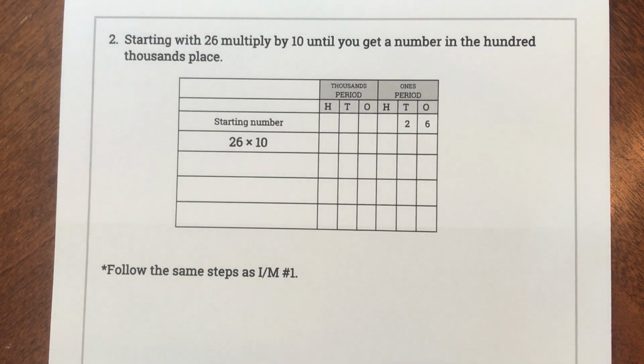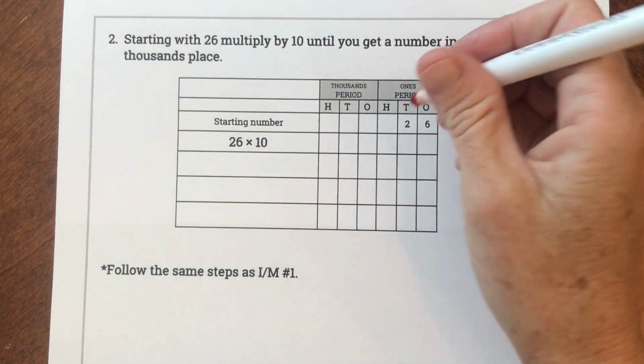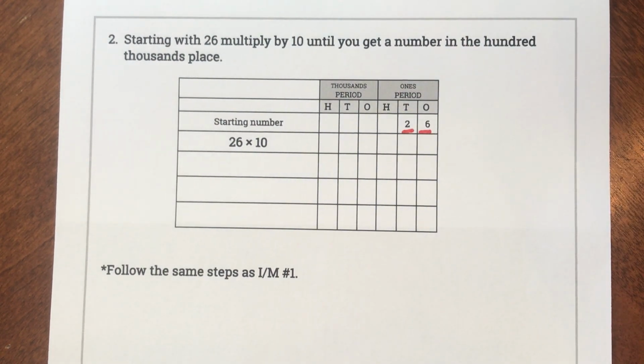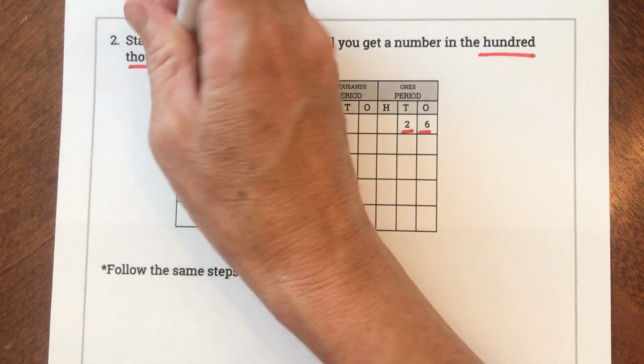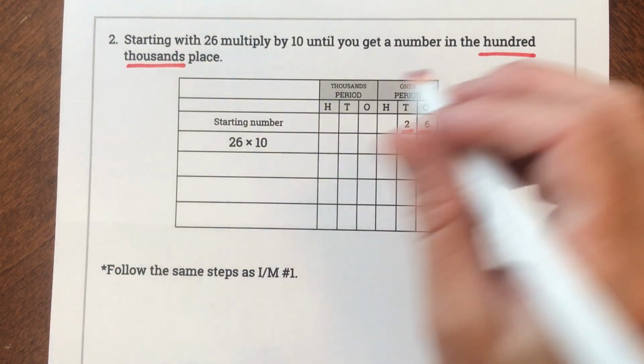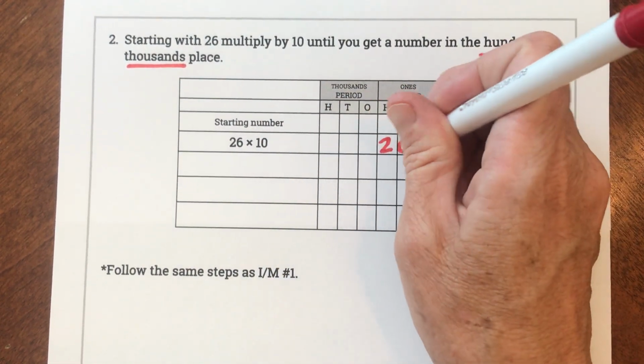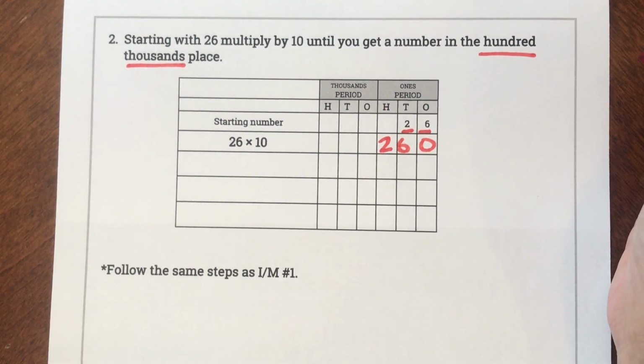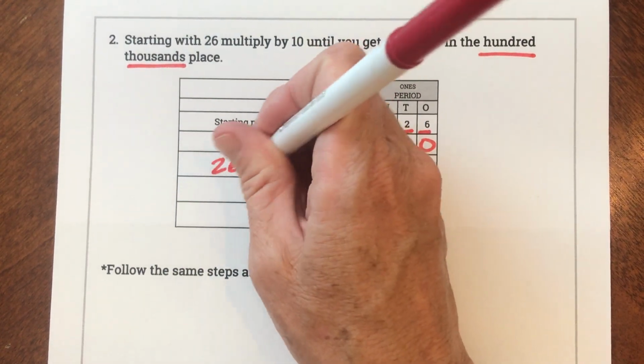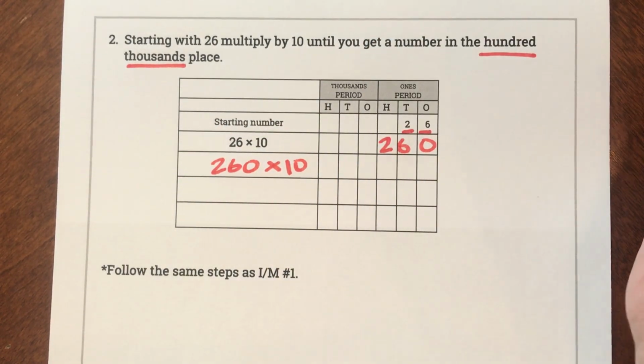Okay, and it says, starting with 26, which I started with here, multiply by 10 until you get a number in the 100,000s place. Okay, so I have 26, and 26 times 10 is 260. What is 260 times 10 going to be?